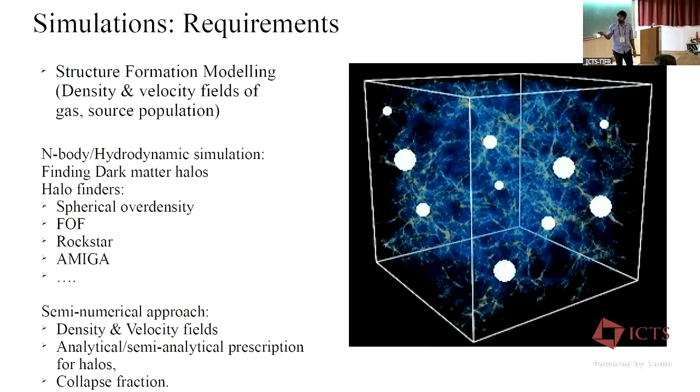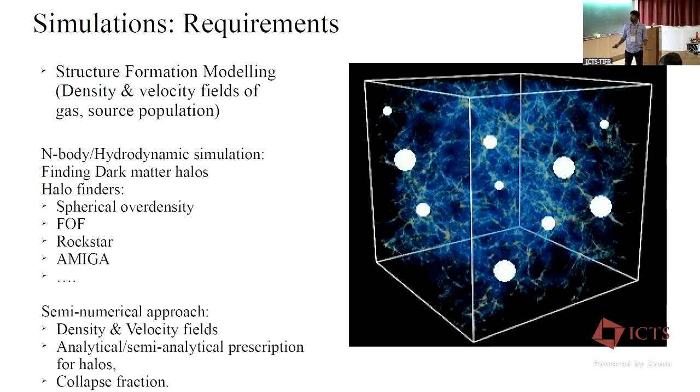Initially, it was using analytical or semi-analytical prescriptions of halos, but there are challenges. If you want to get a halo list from 1 plus delta, the density contrast field, there are several challenges, so they avoid that and just use a collapse fraction which is dependent on 1 plus delta. Now good, so we now know that these are the positions where sources will form.